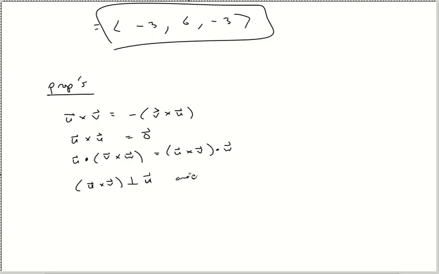There you go. Now it makes more sense. And u cross v is perpendicular to v. What they're trying to say here is that when you cross product two different vectors, you get a third vector. Classic example here: you've got your u, you've got your v. Perpendicular to both of them would be a w. But that w is perpendicular to this one, and it's perpendicular to that one.